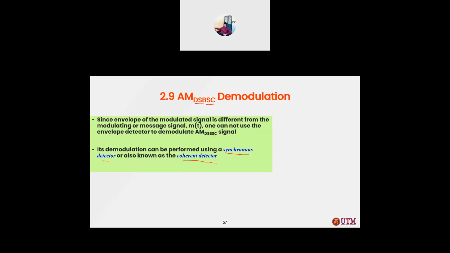Coherent, you can search the internet for what coherent means, you learned it during secondary school. So there are two names for the detector in double sideband suppressed carrier: either synchronous, or the other name, a coherent detector.